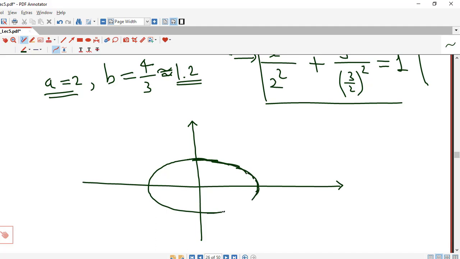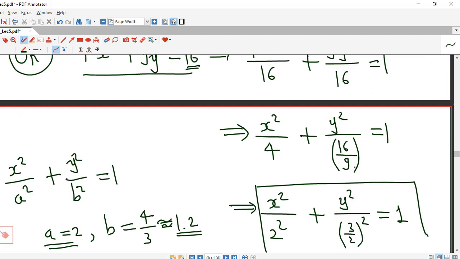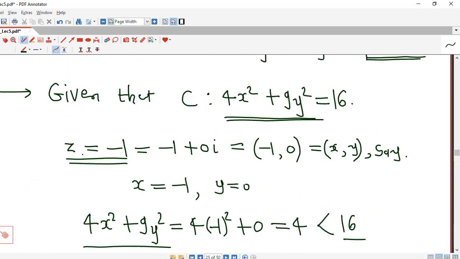Suppose this is the ellipse, so that this is going to be 2, this is 1, 0, -1, -2, and this is approximately 1.2 or 4/3. This is -4/3. So this is the given ellipse. Now we have to check whether z equal to -1, which is the singularity of f of z, is inside or outside this ellipse.